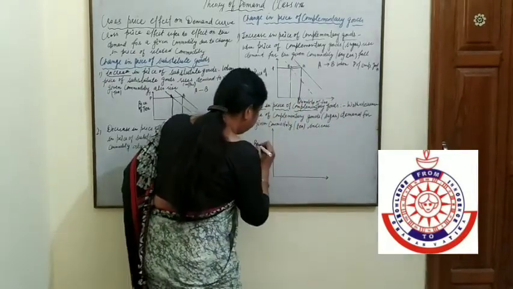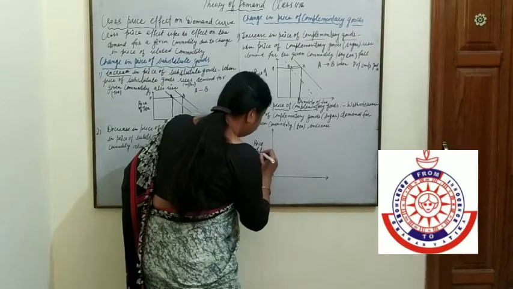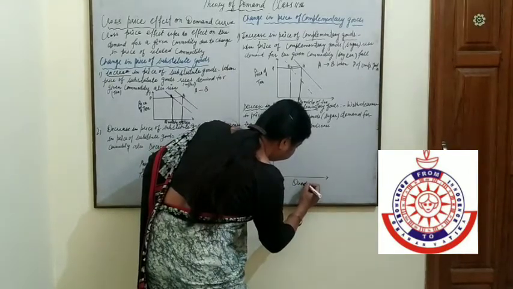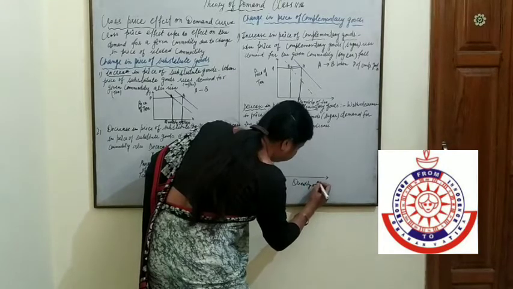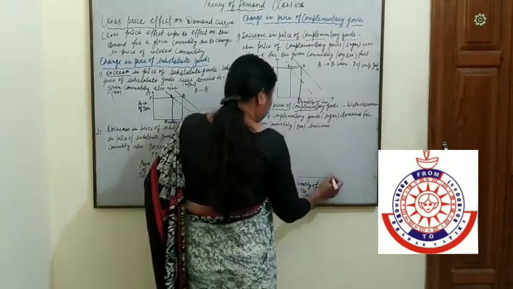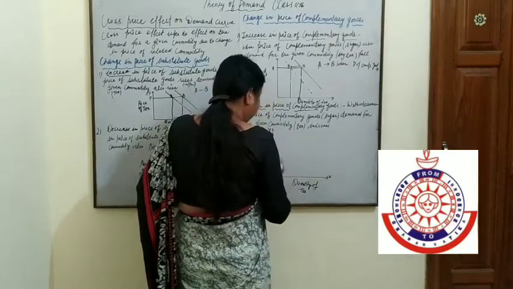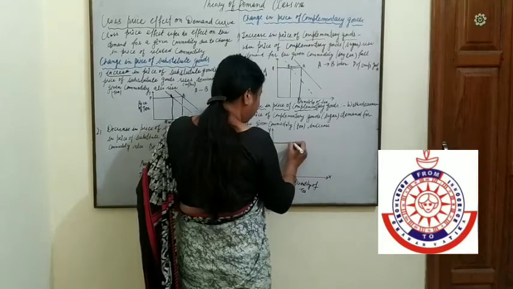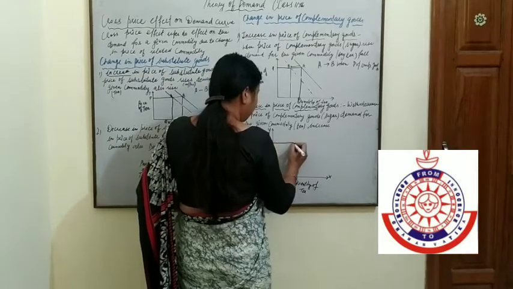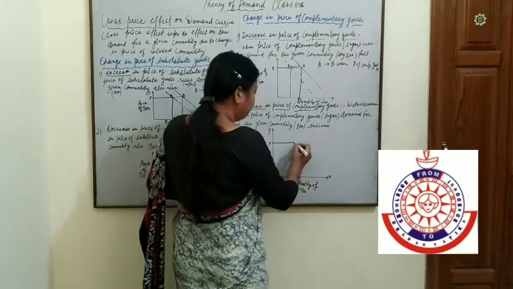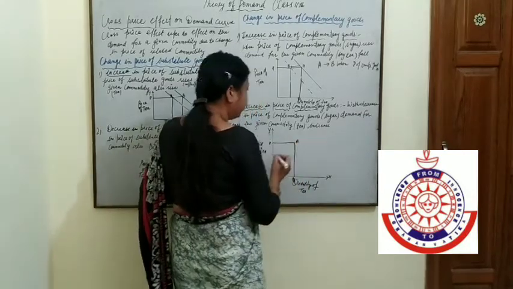Here we write the price of tea and the quantity of tea on the OY and OX axes. Now, if the price of tea is P, the quantity demanded for tea is Q. This is our initial point.